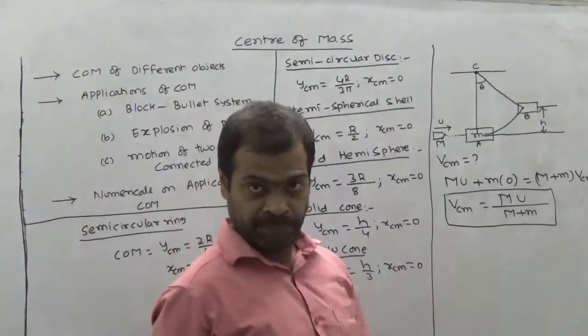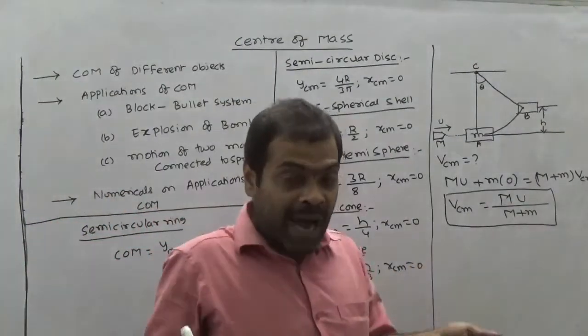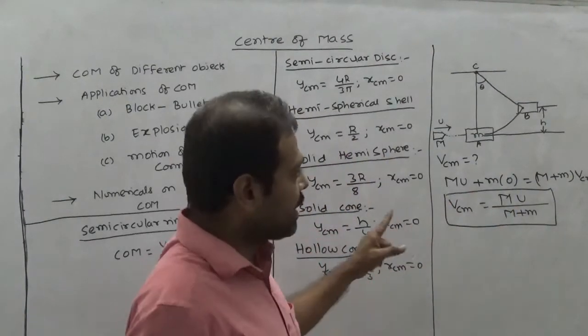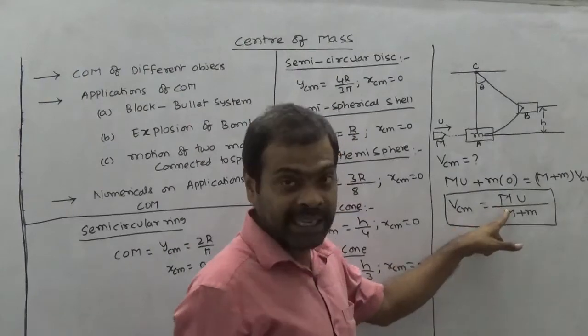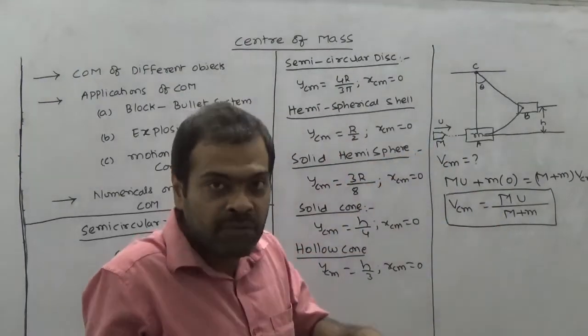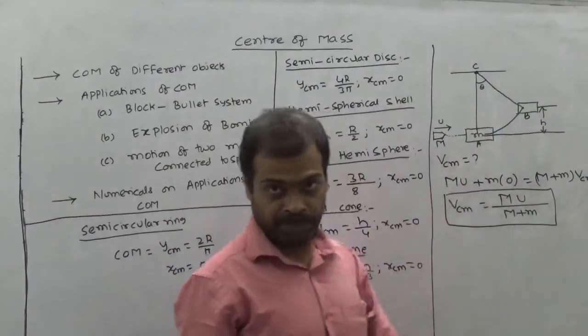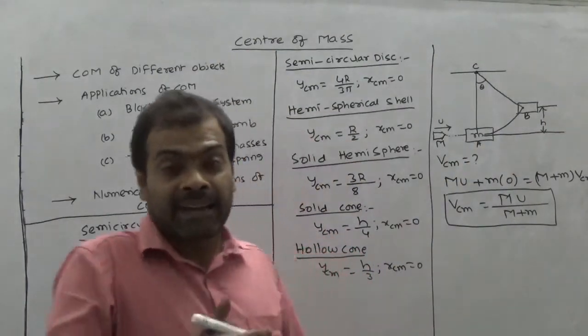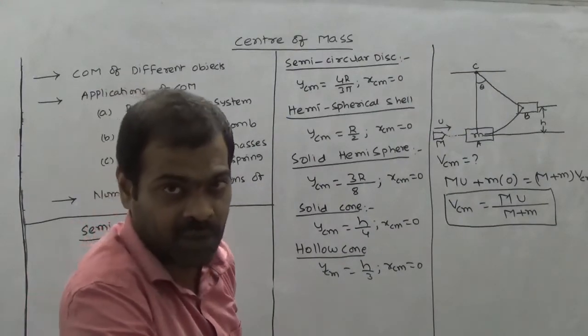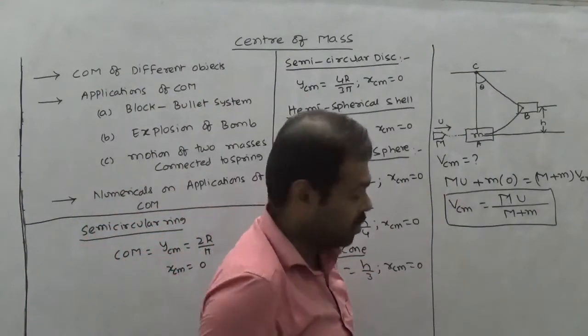Similar application. Here in this man and plank, the man is moving with a velocity. So here the man corresponds to the bullet, and the plank or the platform is the block. That is, initially and finally the plank is at rest.